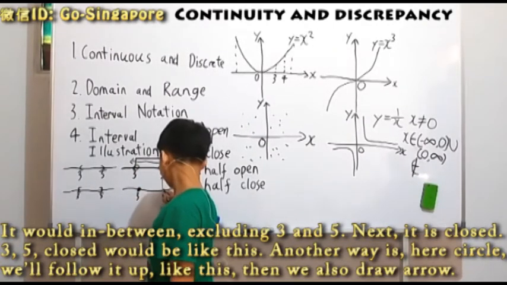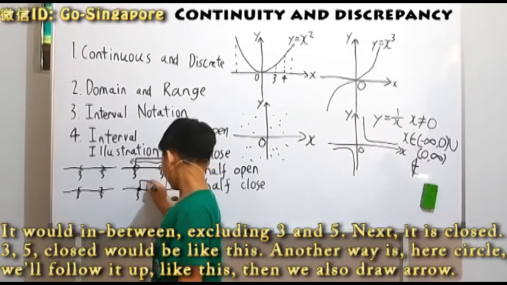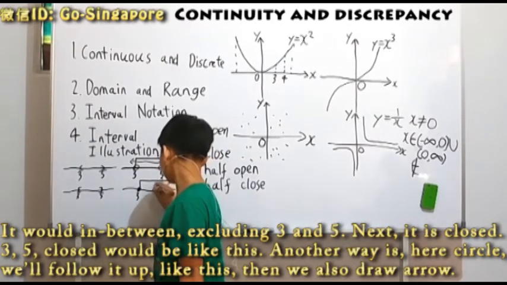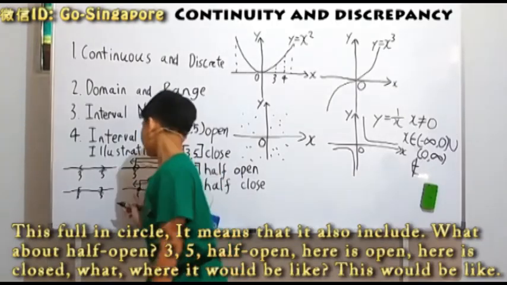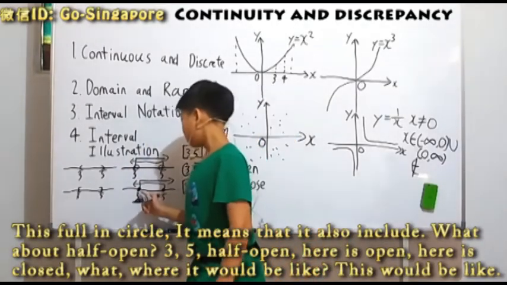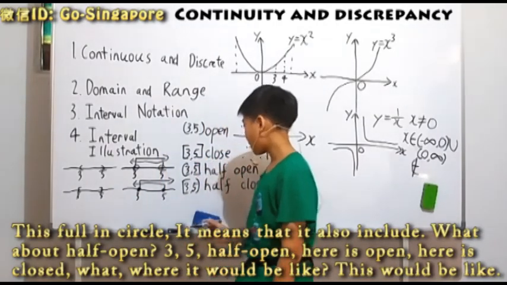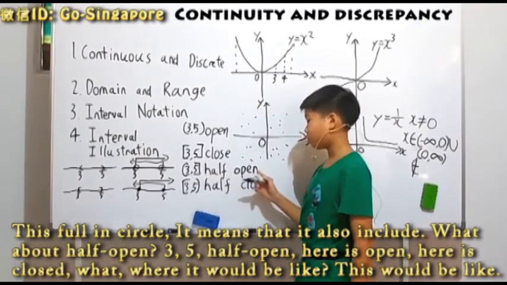We fill it up like this. Then we also draw arrow. This filled in circle is that it also include. What about half open?